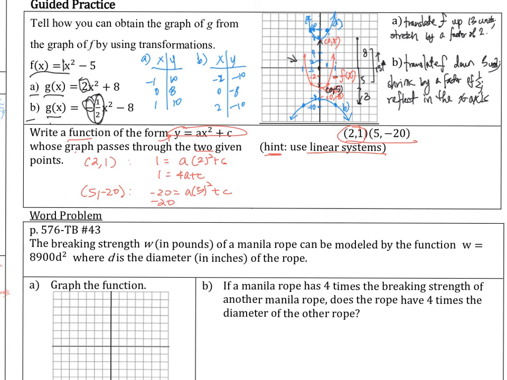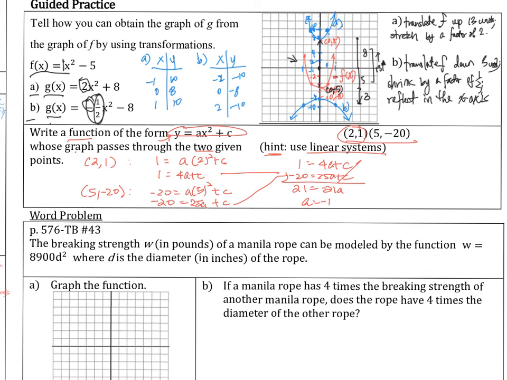So that's going to be -20 equals 25a plus c. Now we're going to use systems to solve for a and c. I'm going to eliminate the c. So a equals -1.